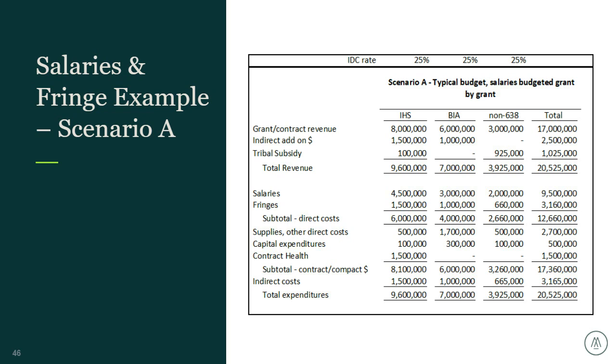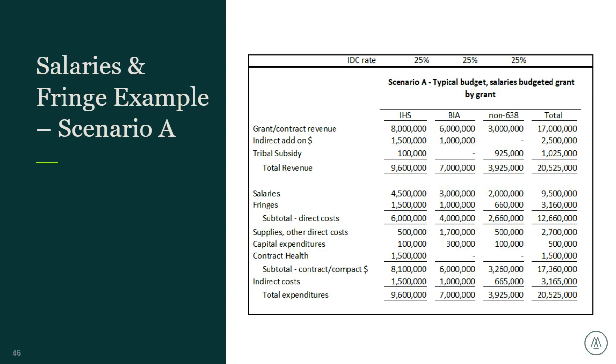So we see now that the overall direct cost for non-638 was $2,660,000. We also see that the tribal subsidies for non-638 were $925,000, and indirect costs collected was $665,000 for non-638 program and $1 million for BAA program.